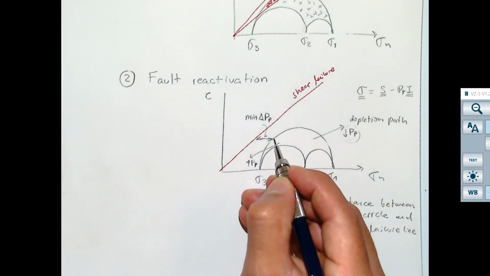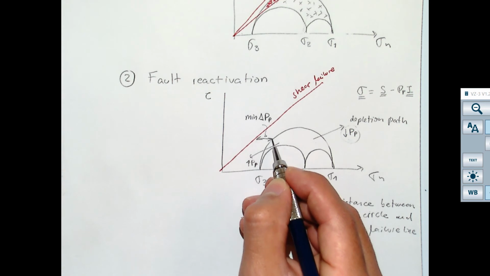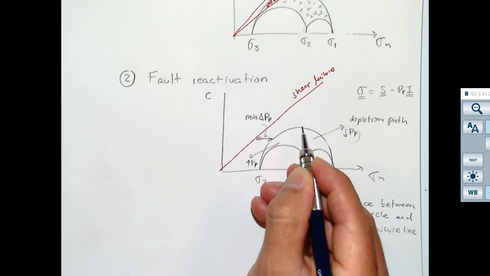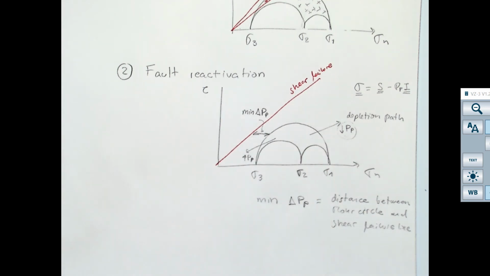Notice that the point with the maximum shear to normal stress ratio is the one closest to the circle. This one is further away. This point over here too is further away. The one closest to the shear line is that one.